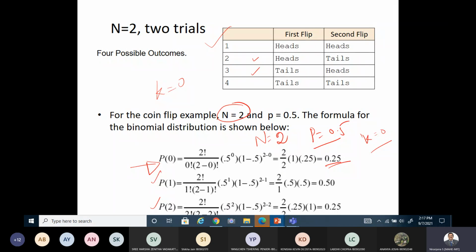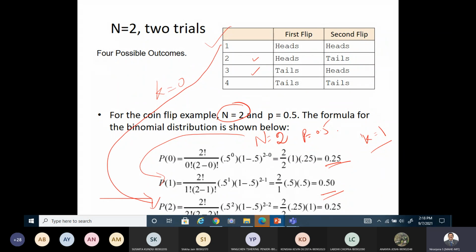So when you are calculating that, this N is 2, P is 0.5, but K is 1 now for the second case. P of K, where K is equal to 1, you are calculating 0.5. The last one in the table, the first one, is nothing but this, getting two heads. You can calculate it here, P of 2.